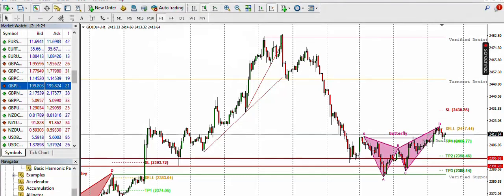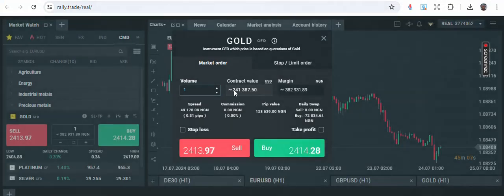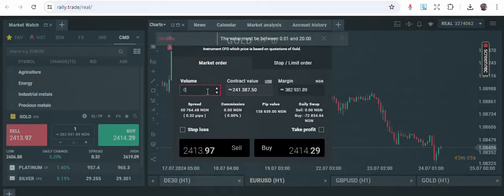So let us look at this gold chart again, right? Let's say from this level up until the highest high that the market got to at this particular time. This is 849 pips. Let's just say it is 850 pips, and you held this trade from day 1, 2, 3, 4, for 4 days. So 850 pips times how much is the value of gold per pip again?